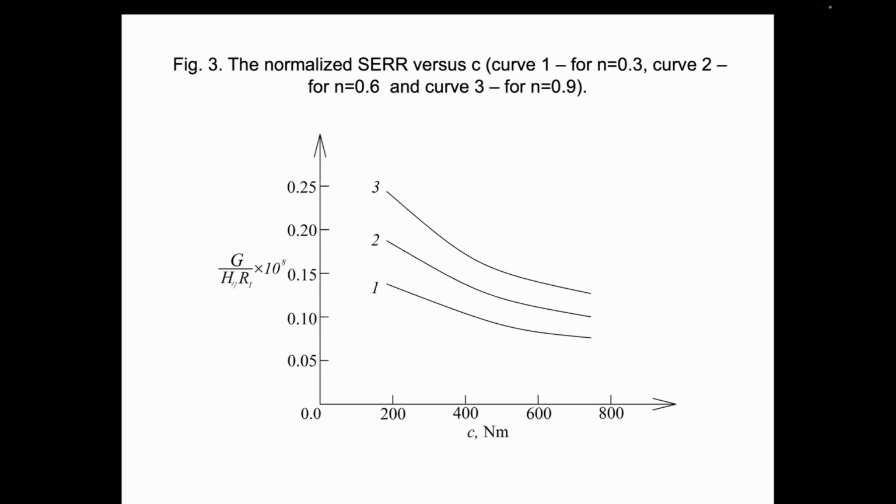The growth of the parameter eta, however, leads to rise of the normalized strain energy release rate as indicated by curves shown in figure number 3.